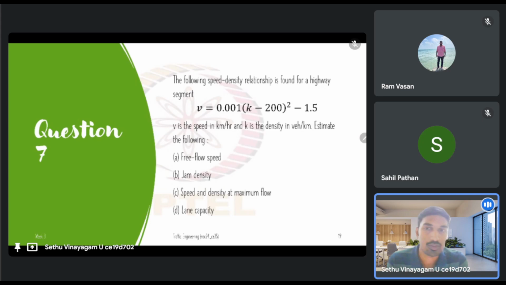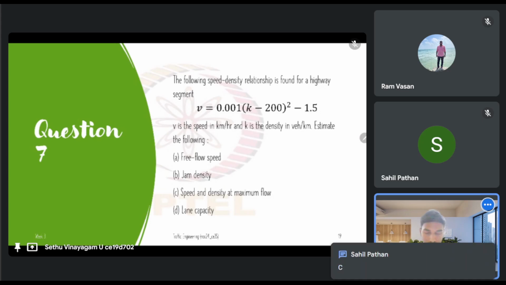So what's the free flow speed? So what is the answer?